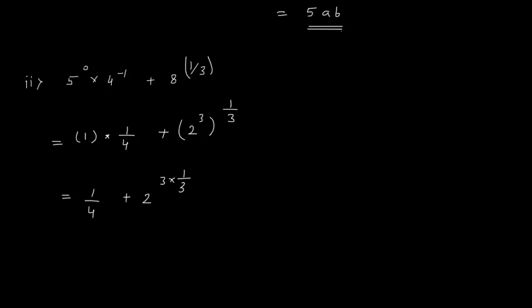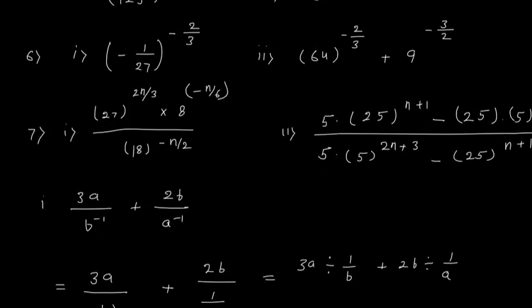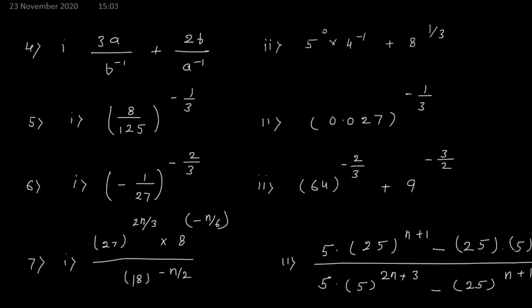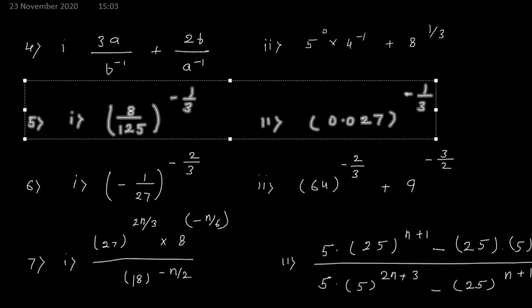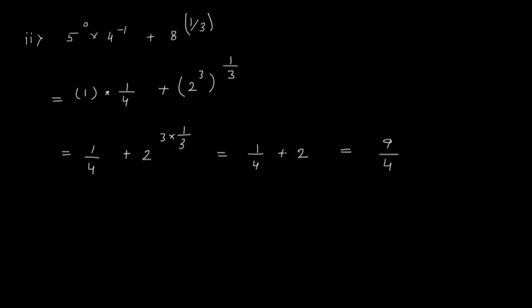Now 3 cancel and I have 1 upon 4 plus 2. So 4 2s are 8 plus 1, 9. This is 9 upon 4. So second problem we get answer as 9 upon 4. Fifth problem. Let us copy both the problems down and solve one by one.